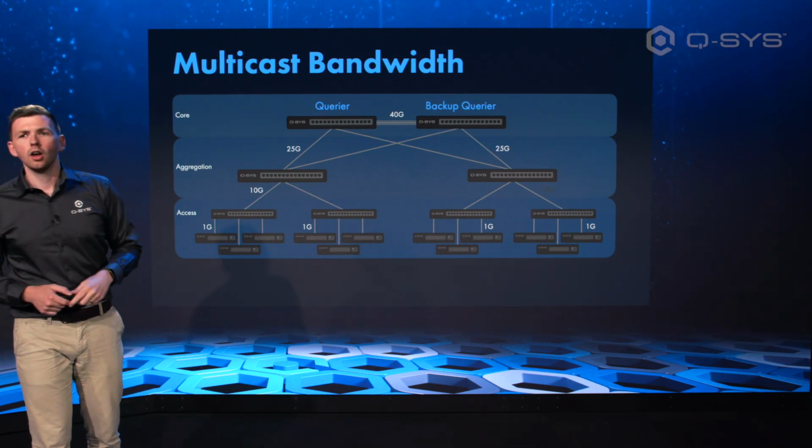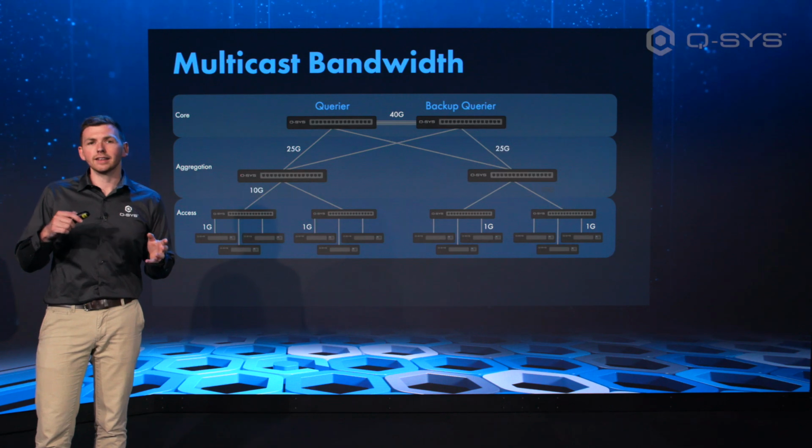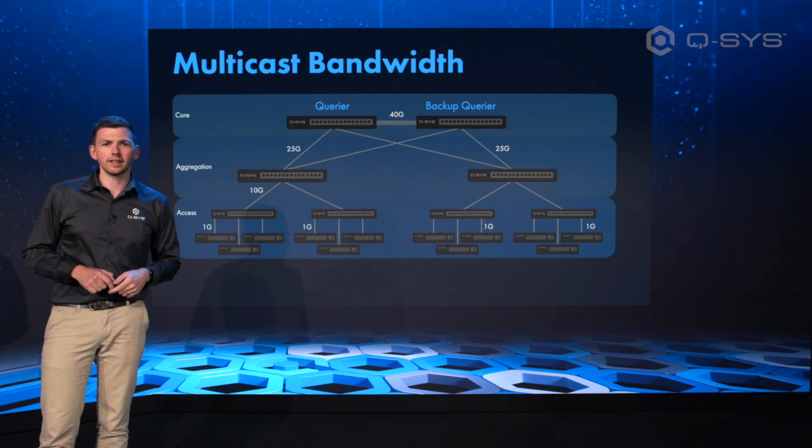Now, one last thing on multicast is the actual ranges of addresses that are used. So sometimes in the world of IT, you want to maybe restrict certain addresses or only allow certain addresses, rather than just saying all multicast is fine. You might say actually only specific addresses are allowed.